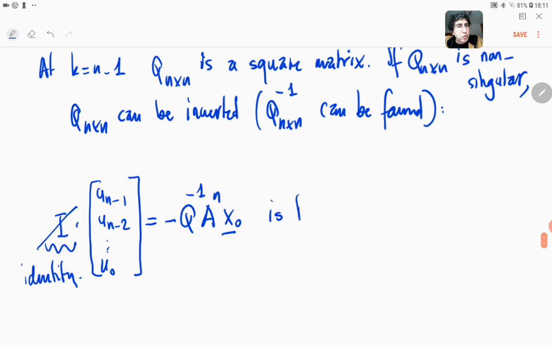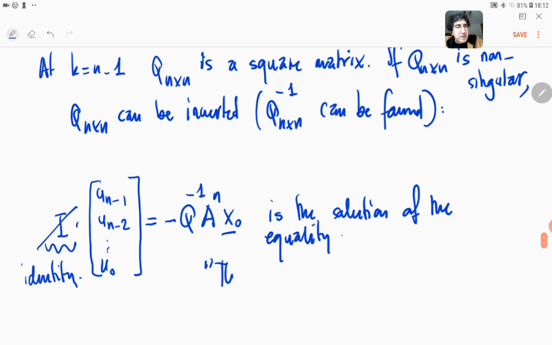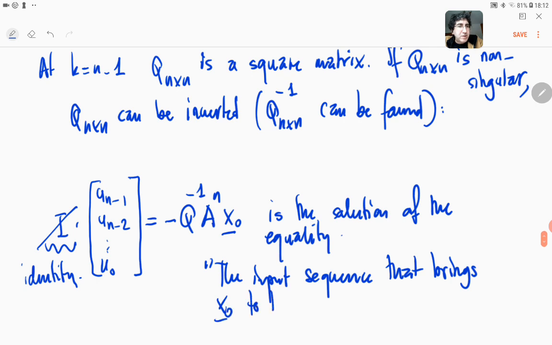And that is the solution of the equality, which is the input sequence that brings x0 to the origin.